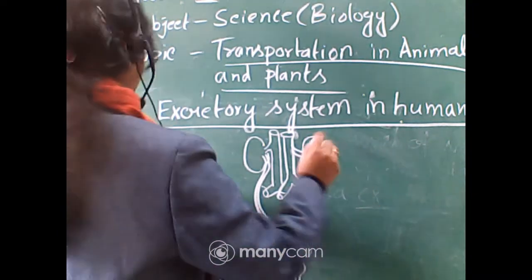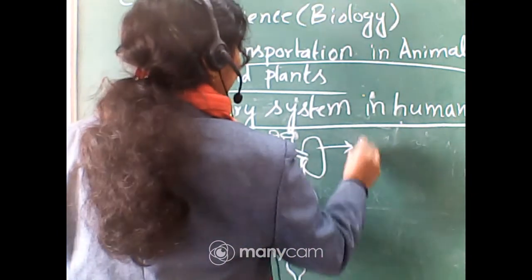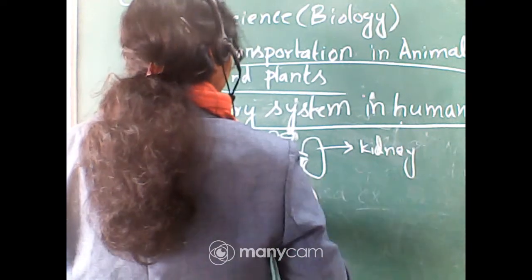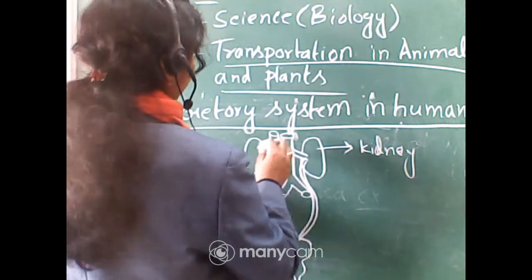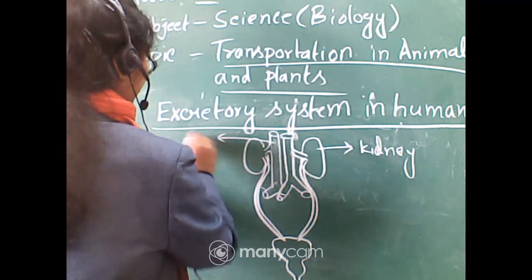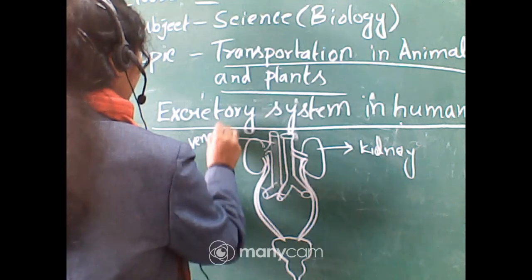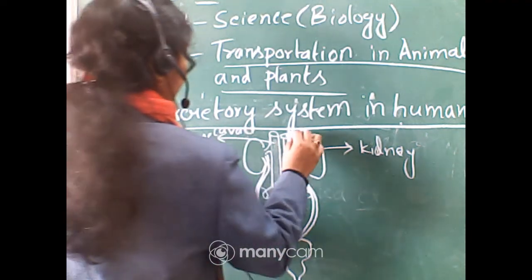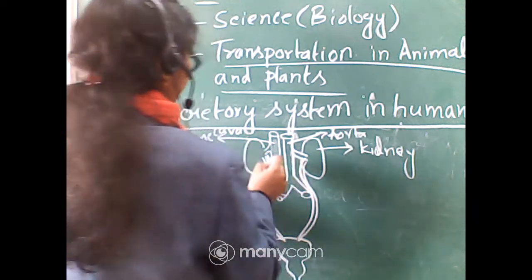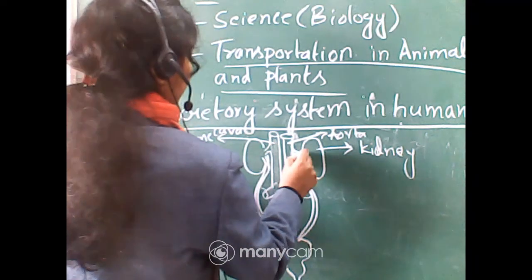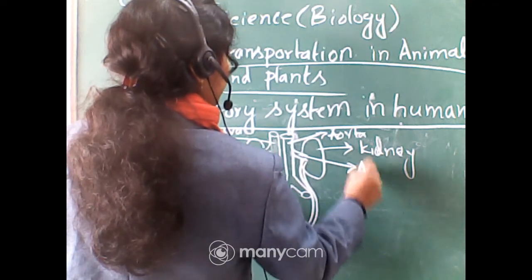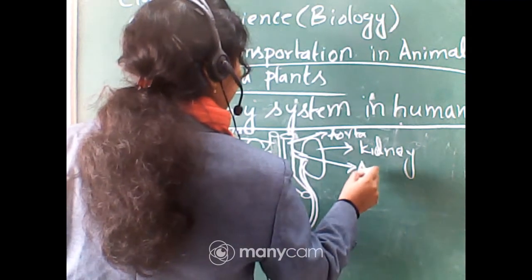Now these are the kidneys on both sides, and the bluish one is the vena cava, the largest vein of our body, and this is the aorta. And here it is the renal artery that is going to that side.